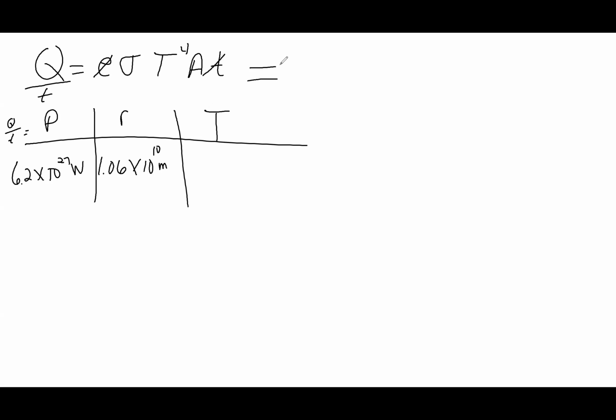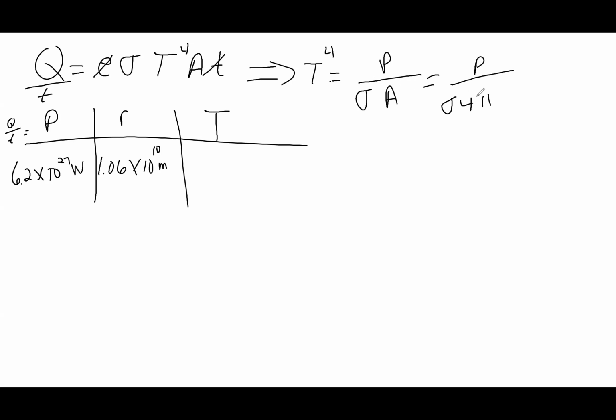So my equation then is my temperature to the fourth power is equal to Q over T, which is power, divided by sigma, divided by the area. And this, of course, is the surface area of a what? Of a sphere, because we know that a star is a sphere. So then we're going to have power divided by sigma, and my area now is going to be what?